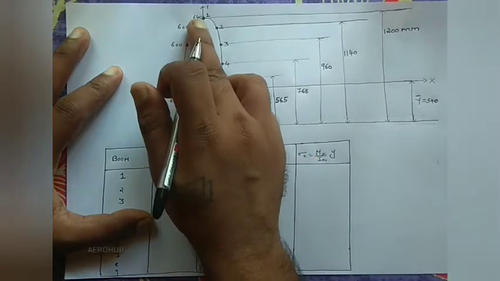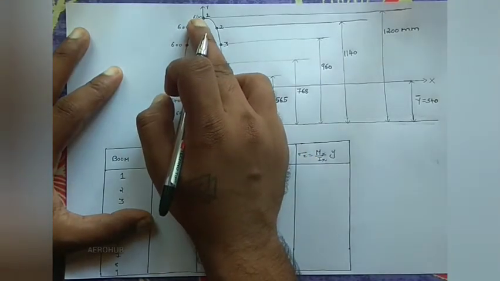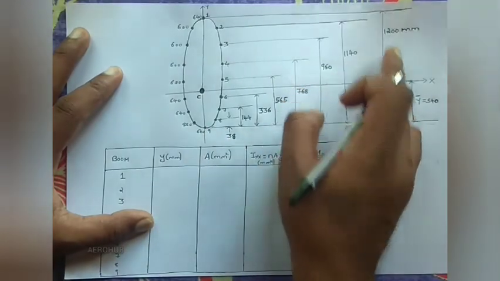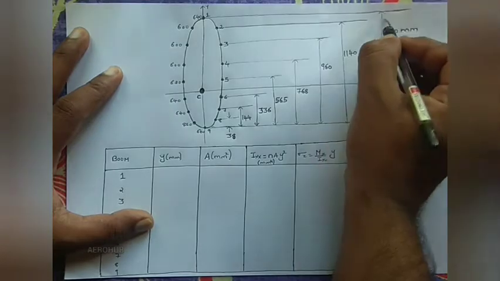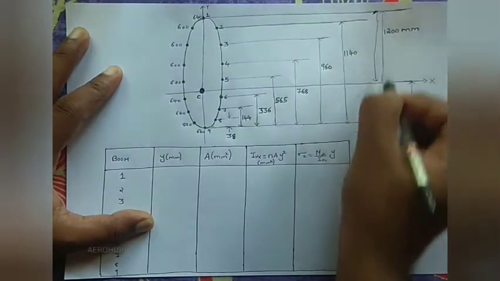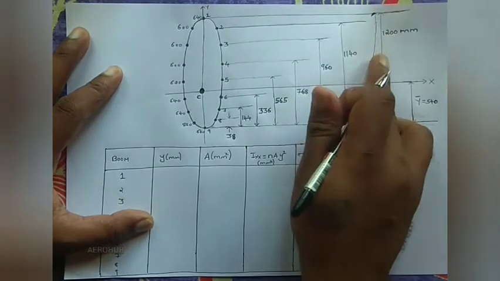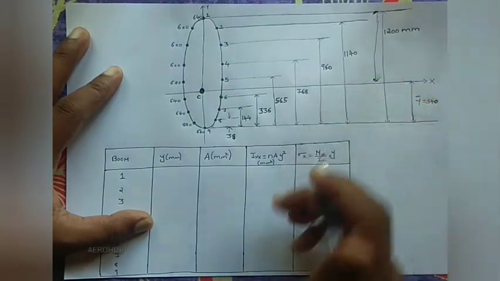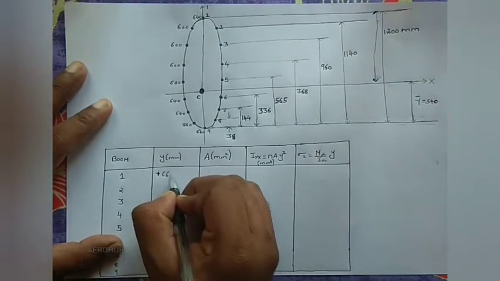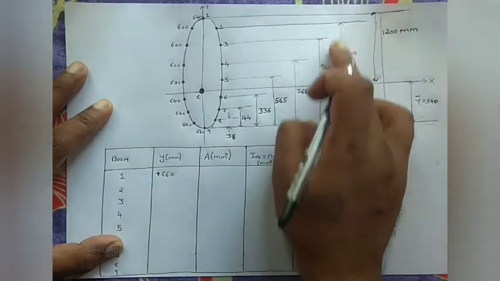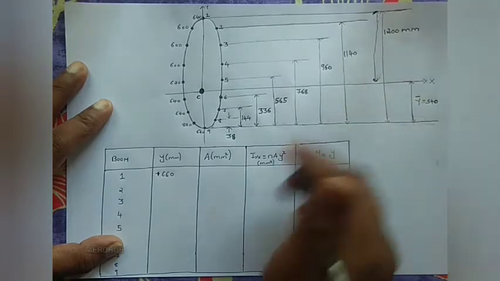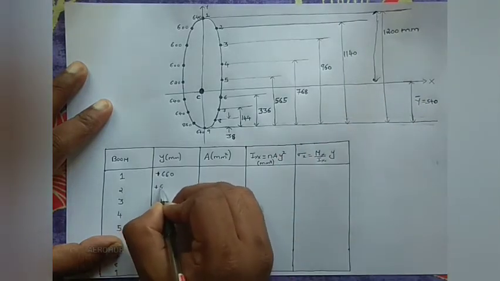For example, for boom area number 1, the total distance from the reference axis is 1200, and from the centroidal axis, that is this distance, will be 1200 minus 540. So it will be plus 660 millimeter. Similarly, for second boom area, that will be 1140 minus 540, that will be plus 600.